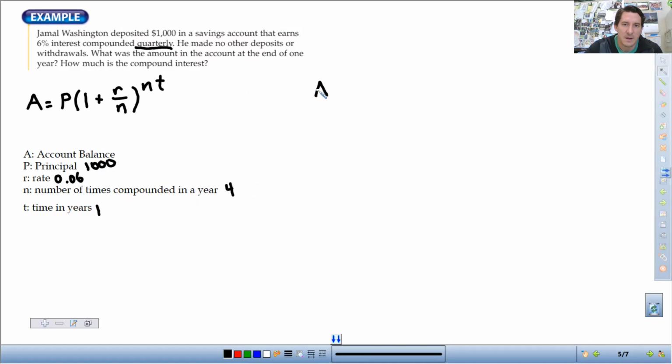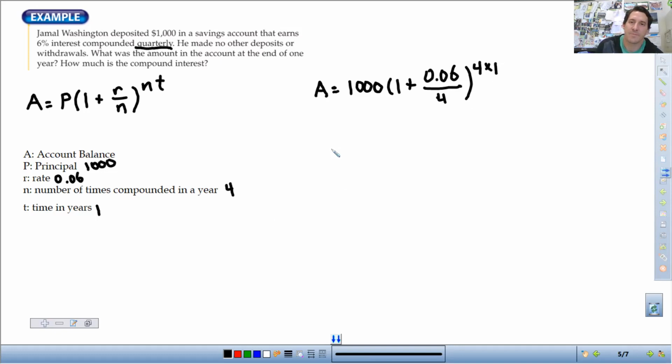So our principal was 1,000, times 1 plus the rate, 0.06, over N, which was 4. And then how many times is it compounded? It is compounded 4 times, and we're calculating it for 1 year.